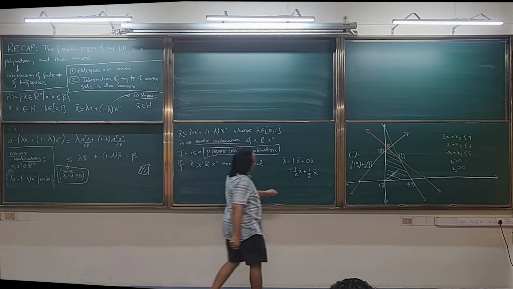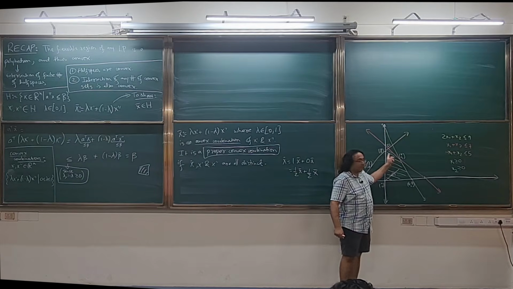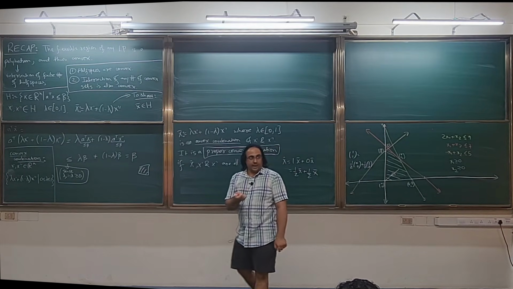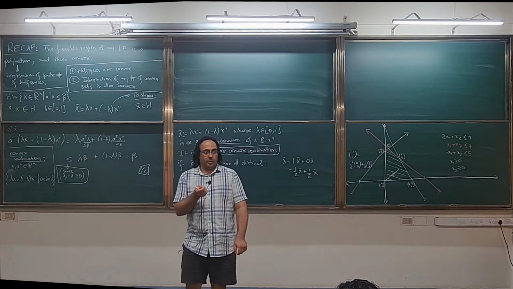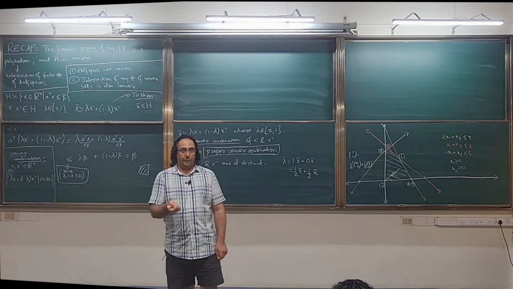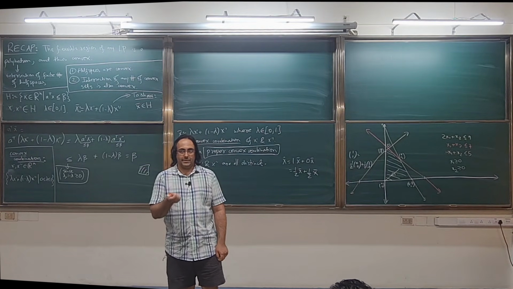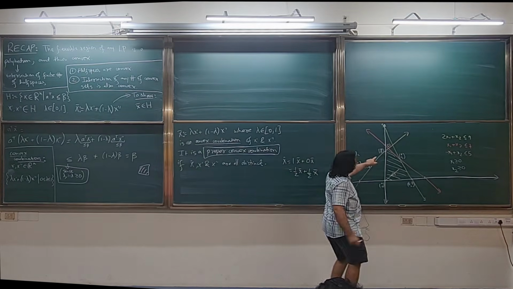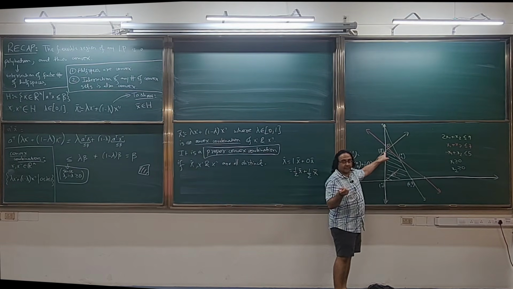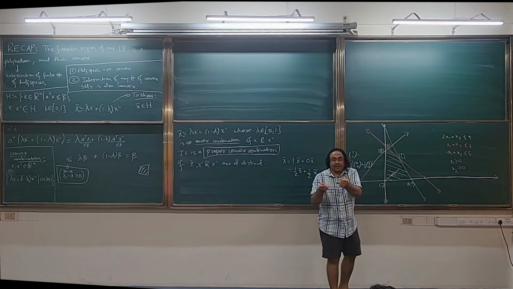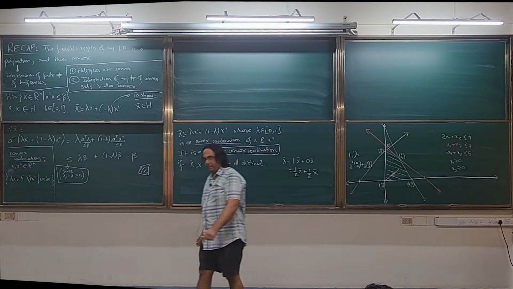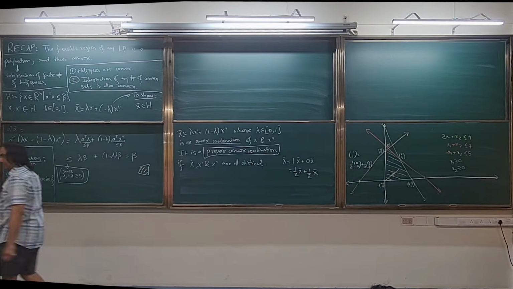And these corners are the only points that cannot be written as proper convex combinations of 2 other points in the same set. If you try to write any of these corners as a proper convex combination of 2 points, you will see that one of the 2 points is outside the set, at least one. You see that?